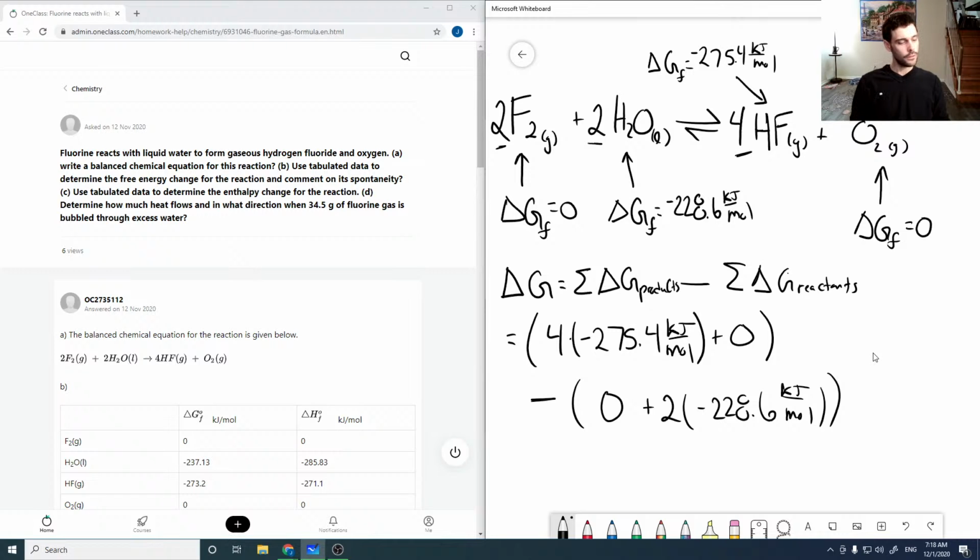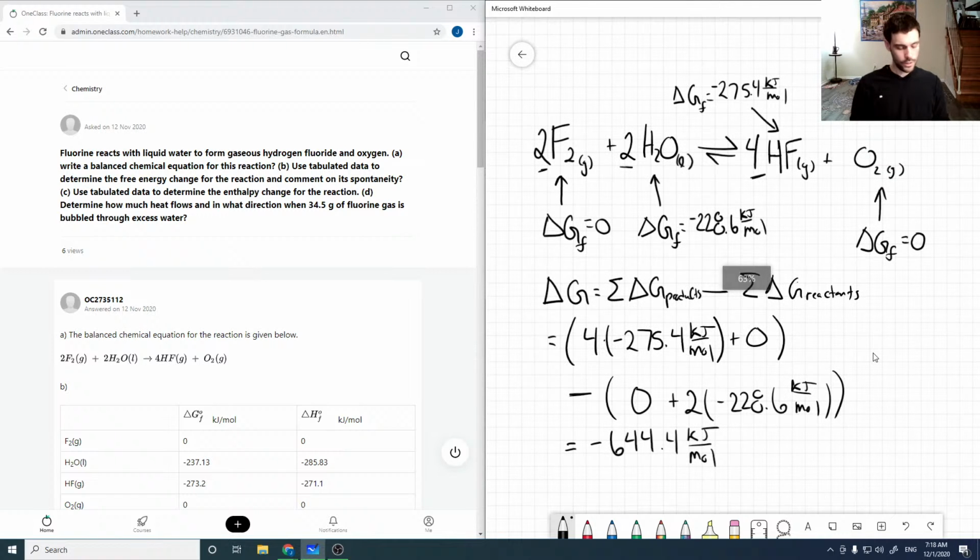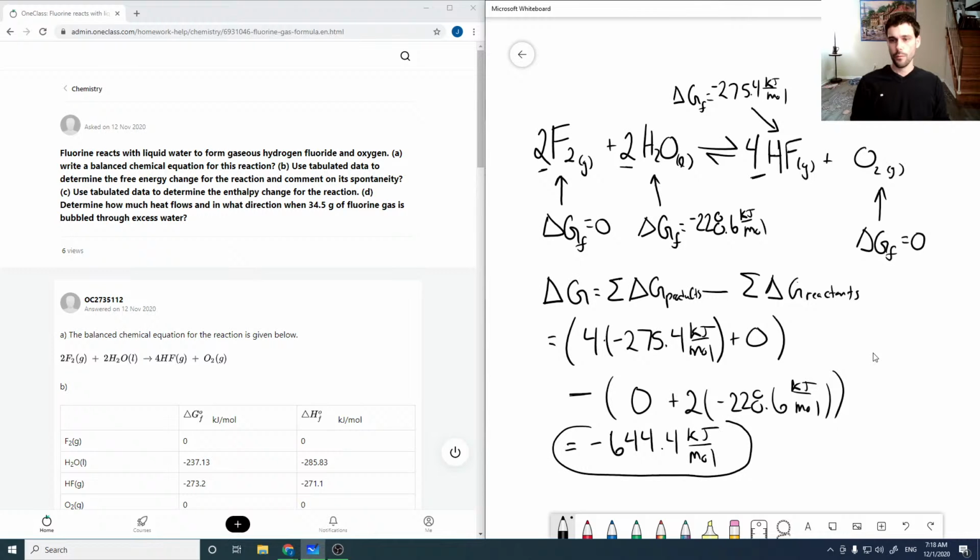If we run this on our calculator here, then we get negative 644.4 kilojoules per mole. Okay. So there's our free energy for the reaction.